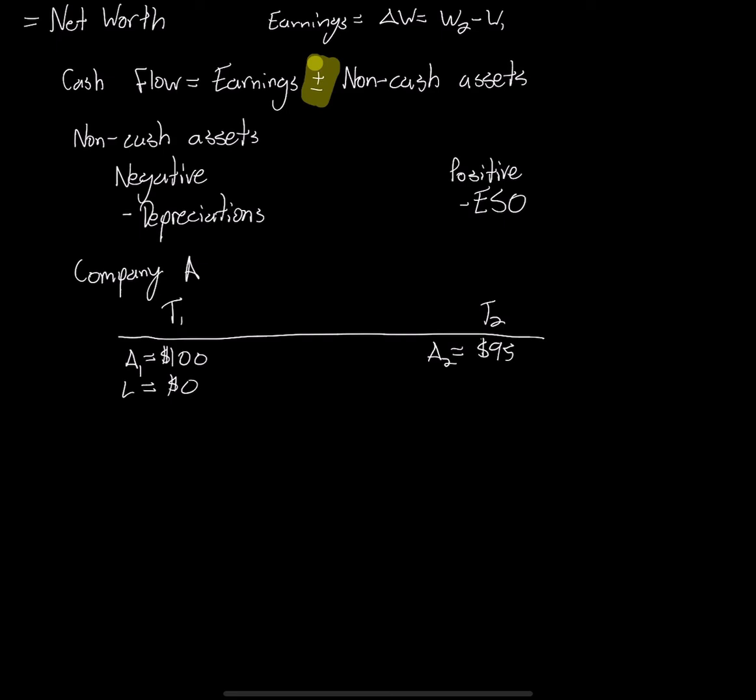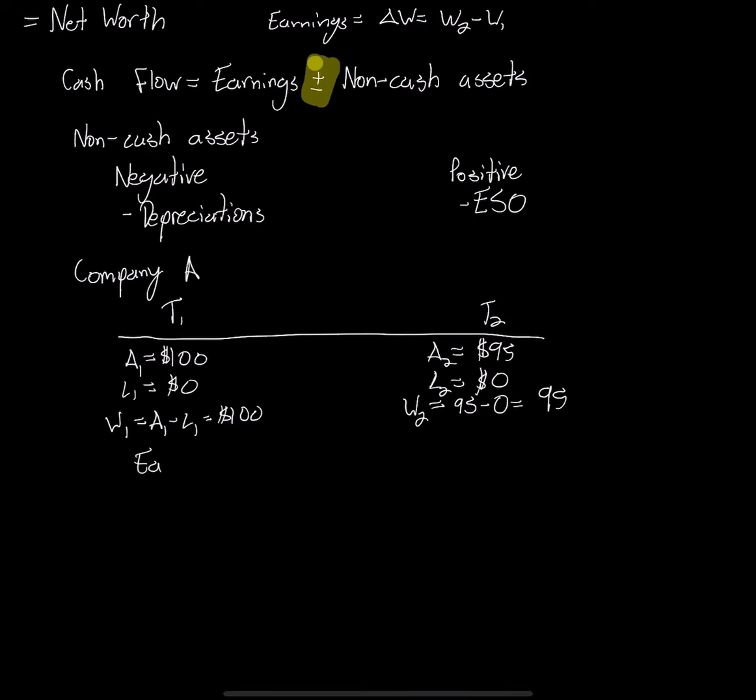So we go down to $95 and there's still no liabilities, just for the simplicity of the example. So the net worth at time one is A1 minus L1, which is just $100. The net worth at time two is $95 minus $0, which is $95.